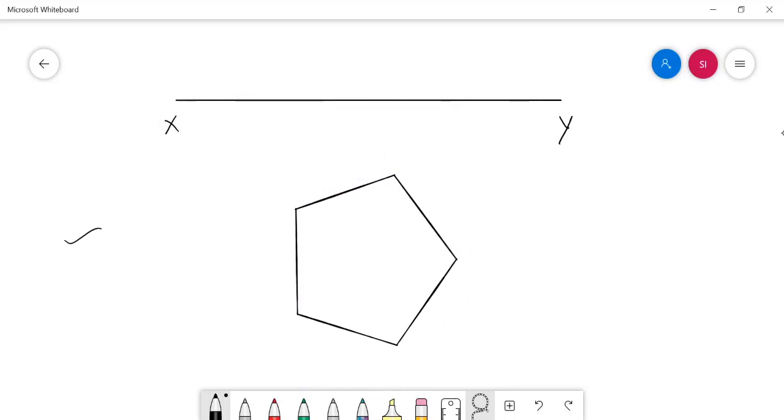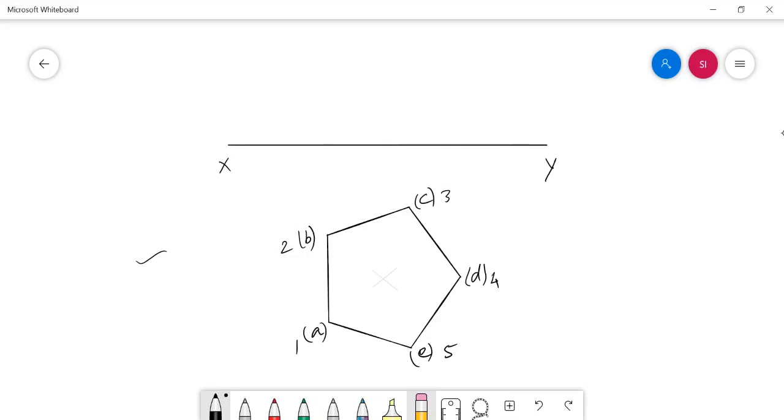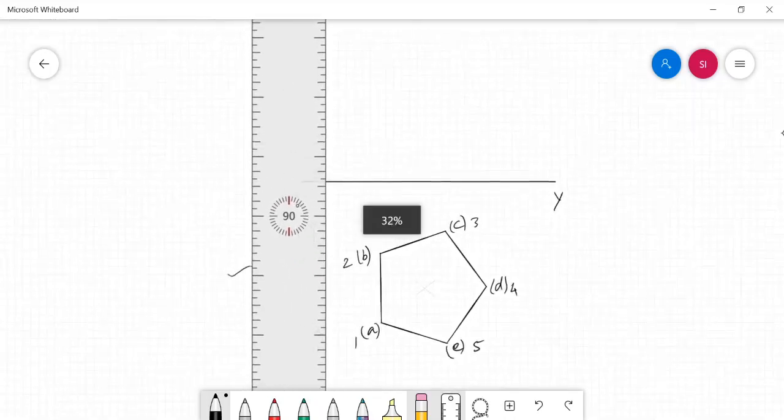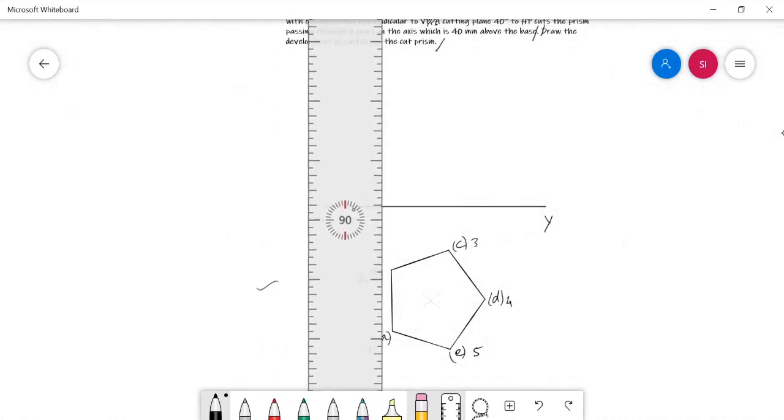This is nothing but the base view, and it is a prism. It is having 10 corners, 5 in the base and 5 in the face. And then I need to draw the perpendicular projectors towards the front view.